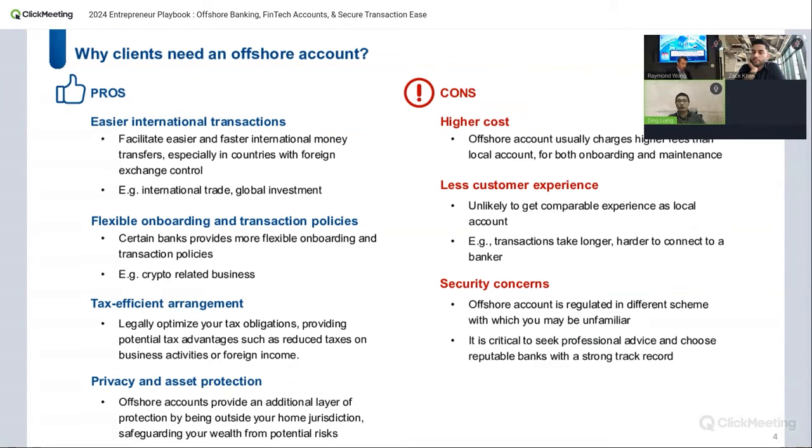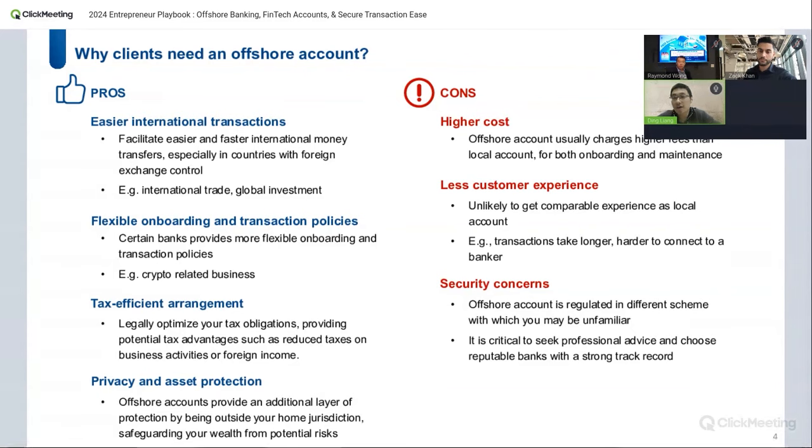Next, I would like to talk about why clients need offshore accounts. Here are a couple of advantages and disadvantages if we compare offshore accounts versus Hong Kong local banks. Four advantages, I'm going to talk through them. The first one is that offshore accounts typically allow easier international transactions, especially for clients in countries with foreign exchange control.